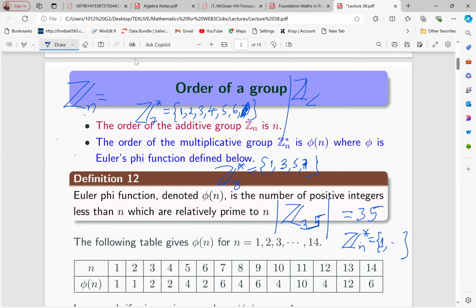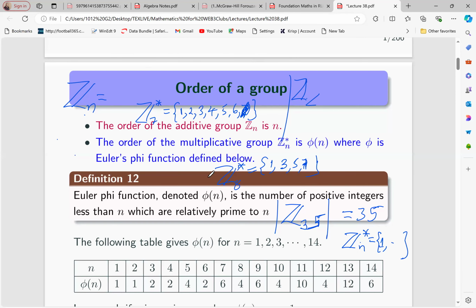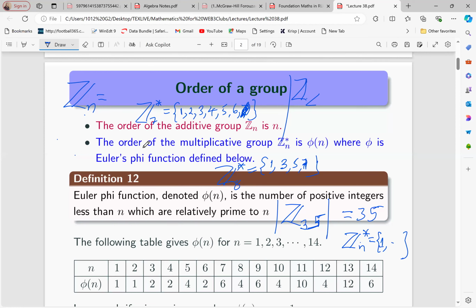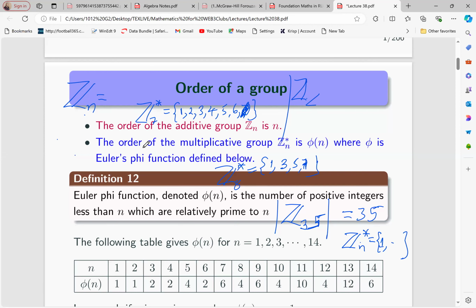There are 4 of them. So the order of Z star 8, the order of this group, is 1, 2, 3, 4. The order of that is 4. So that is how we tell the order of a group.